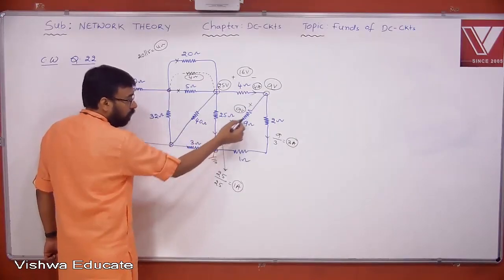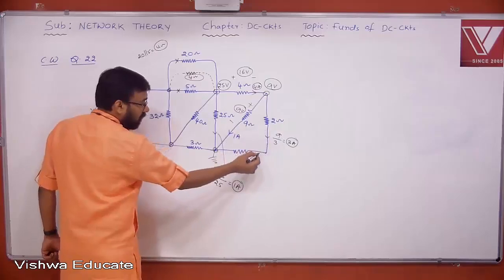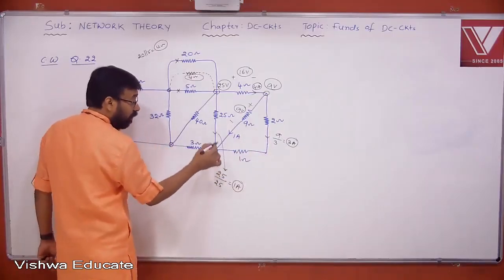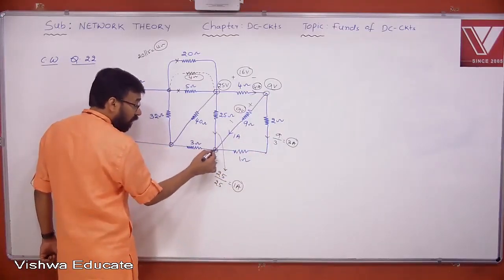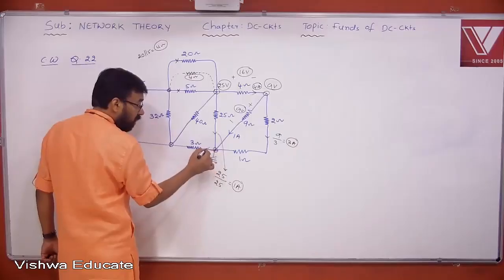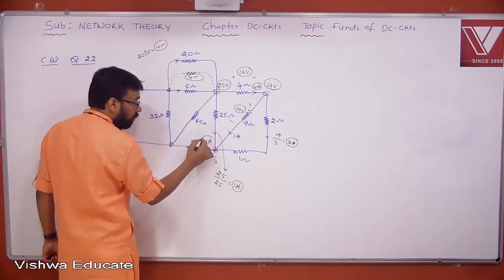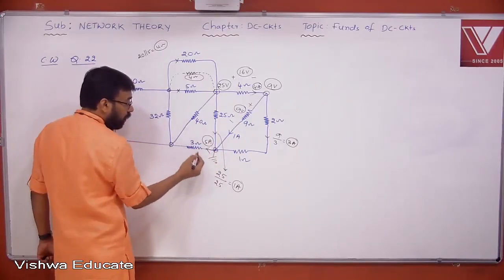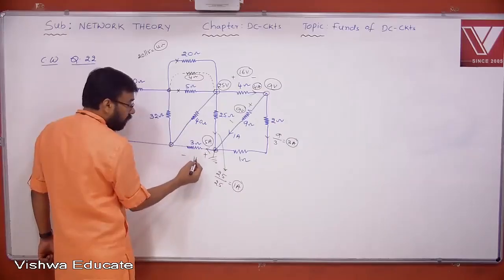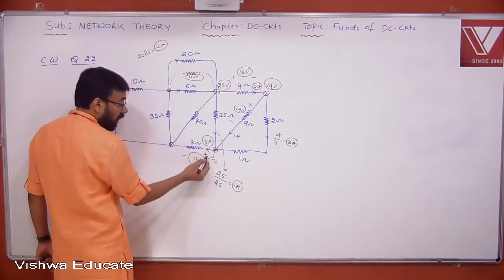That is 1 ampere. How much is it? 3 ampere. How much total is entering? 5 ampere. How much should leave from this node to satisfy Kirchhoff's current law here? 5 ampere. 5 into 3 plus minus 15 volt. Jump from this point to this point, that means higher to lower.